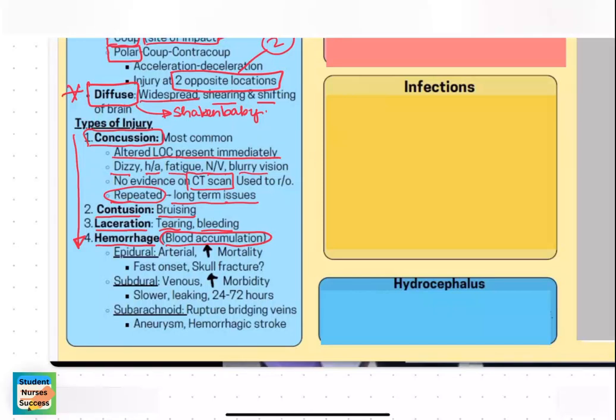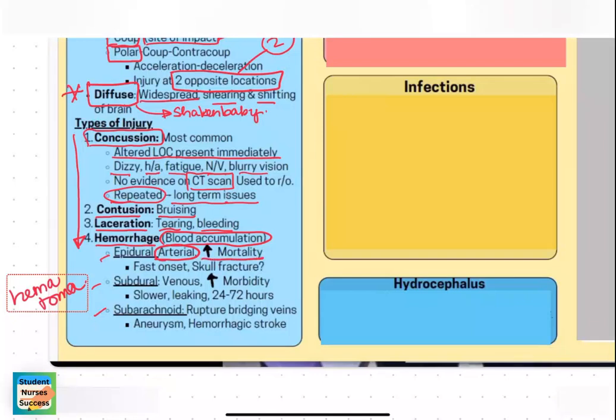There are three types I'd like you to know: the epidural, the subdural, and the subarachnoid hemorrhage, or often we call these hematomas. So an epidural hematoma is an arterial bleed. It goes very fast. We do see increased mortality.